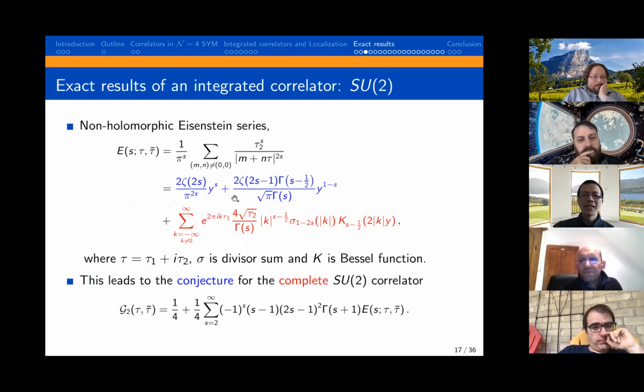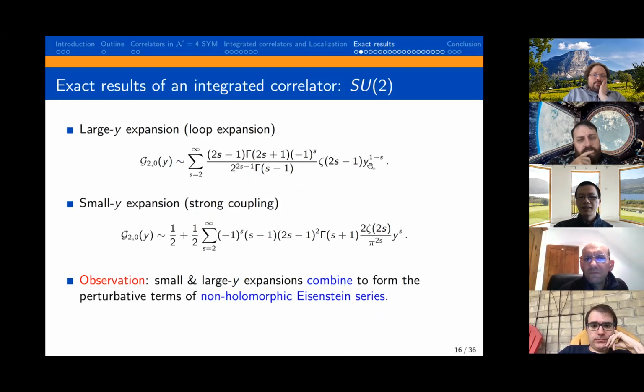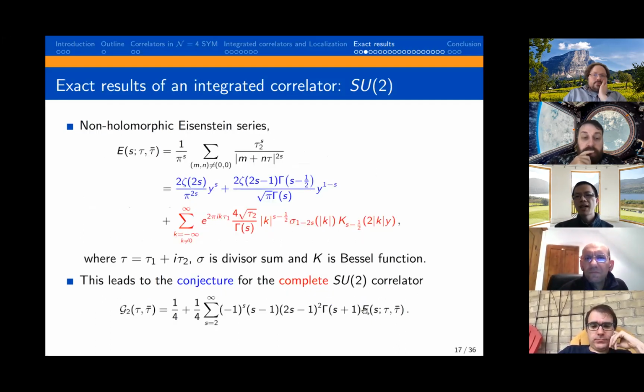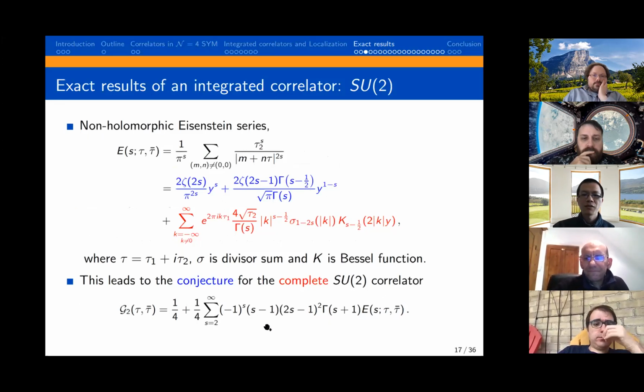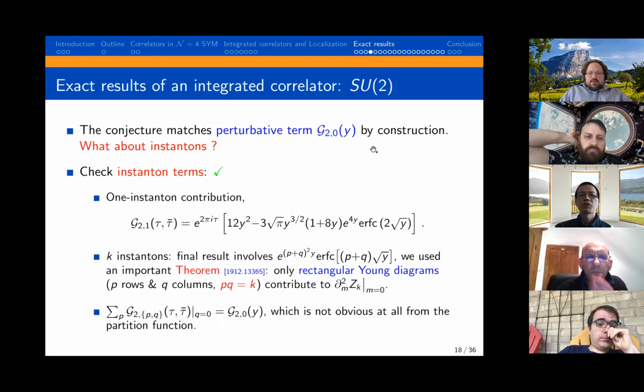I basically complete the perturbative term by promoting y to the non-holomorphic Eisenstein series. By construction, this conjectured formula matches the perturbative term. The question, of course, is what about the instanton piece?